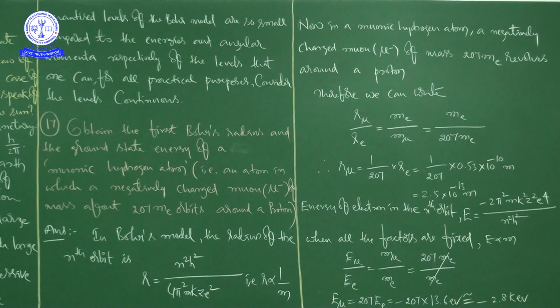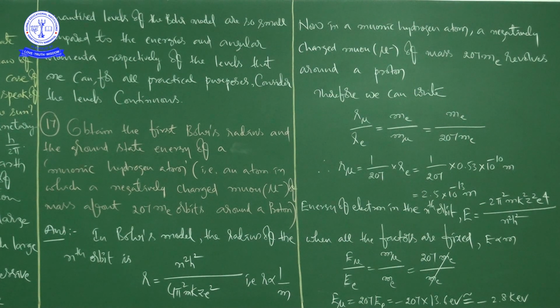That's why we are taking it as it is, and moreover there is a chance for cancellation. We don't need a definite value, because he is asking for the radius of the orbit where the muon is present.